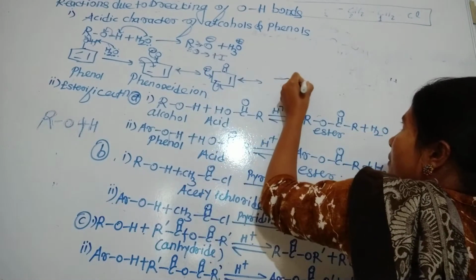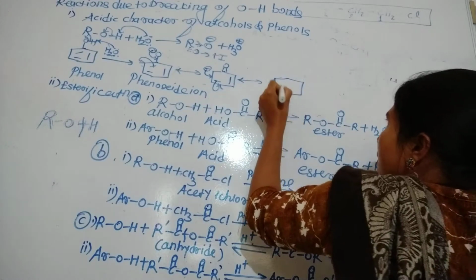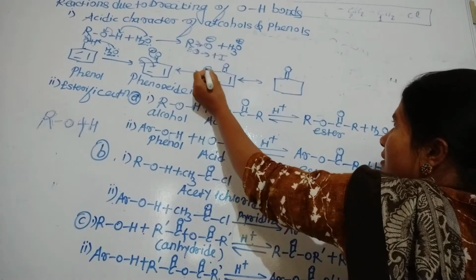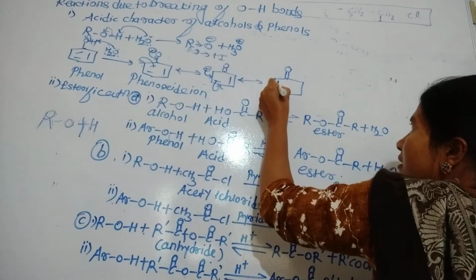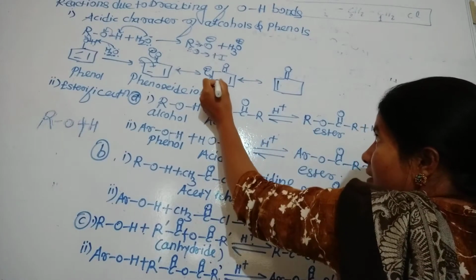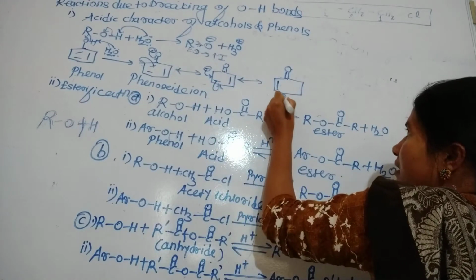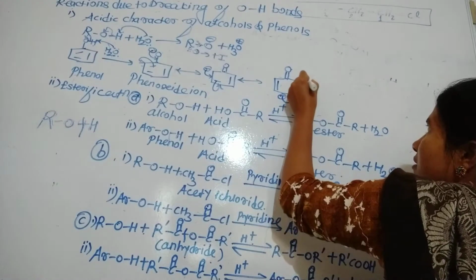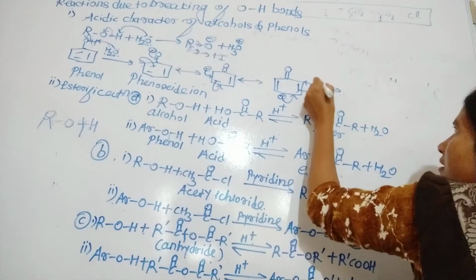In the next step, again the negative charge shifts here, that means a double bond, and this pi bond shifts here, giving a negative charge. Again this negative charge shifts here, this pi bond shifts onto the adjacent carbon.